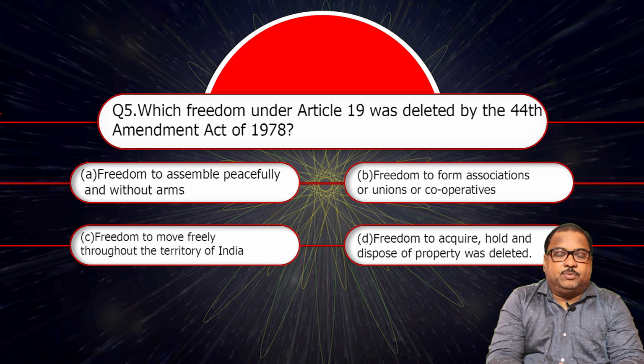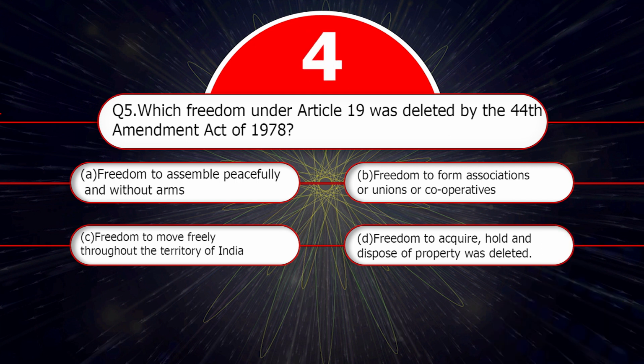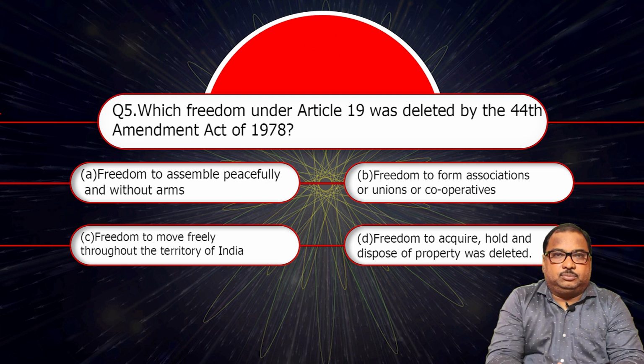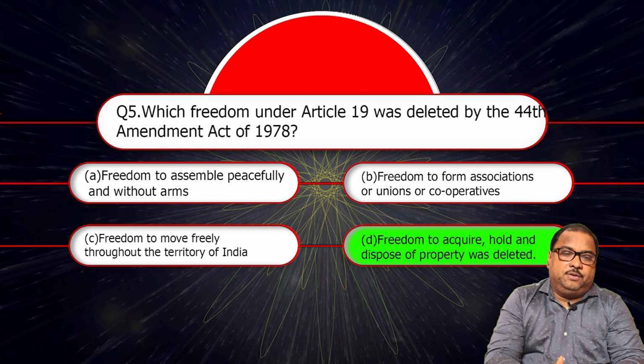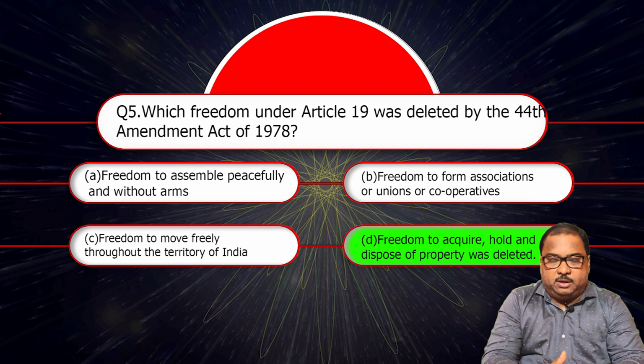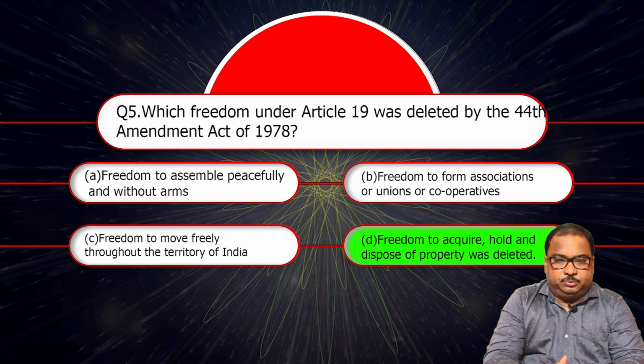So your time starts now. And you can see the correct option is option D, freedom to acquire, hold and dispose of property. That is the correct option for you.